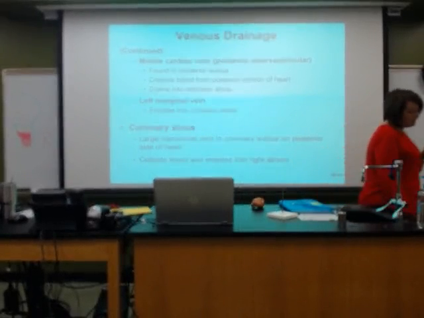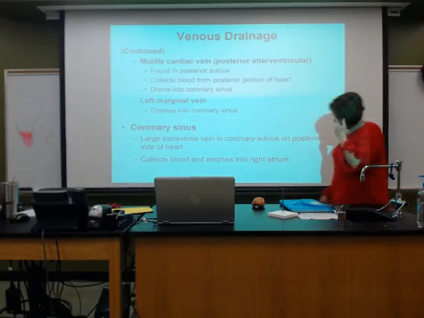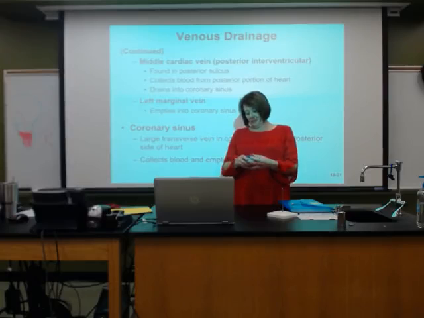Other areas for the blood flow, that middle cardiac vein, the left marginal vein. So what we end up with, we have a little part that, let me see if it's represented here.